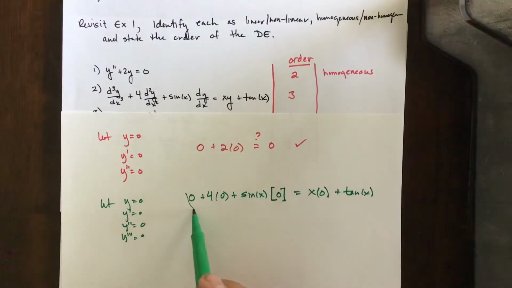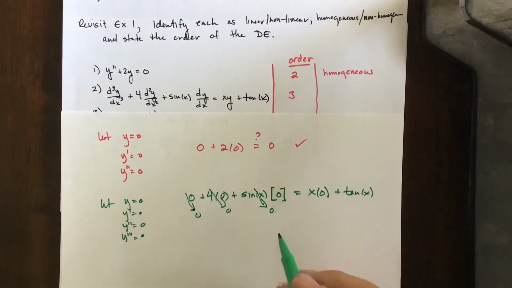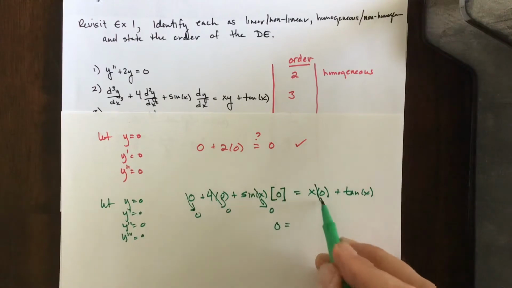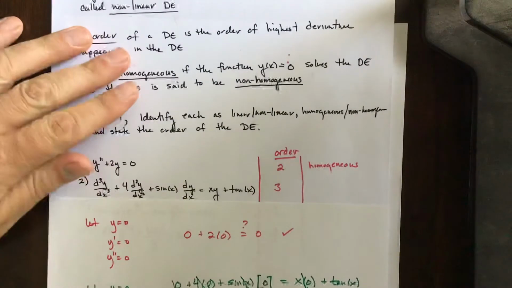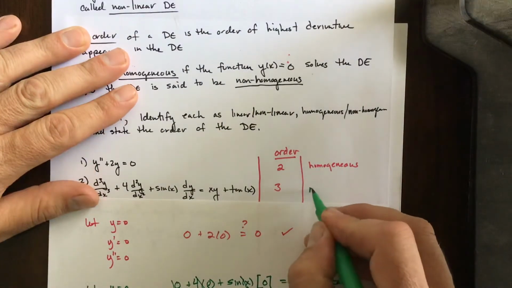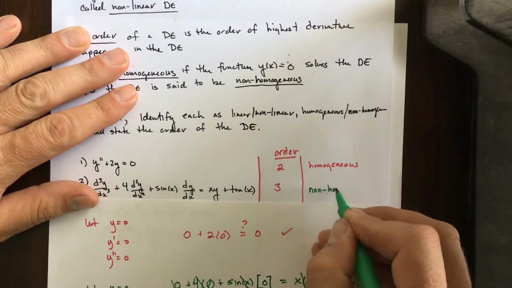So that's 0, that's 0, that's 0. We get 0 equals the tangent of x. And is that true for an interval of x's? Nope, it's not equal to 0. So equation 2 is non-homogeneous.